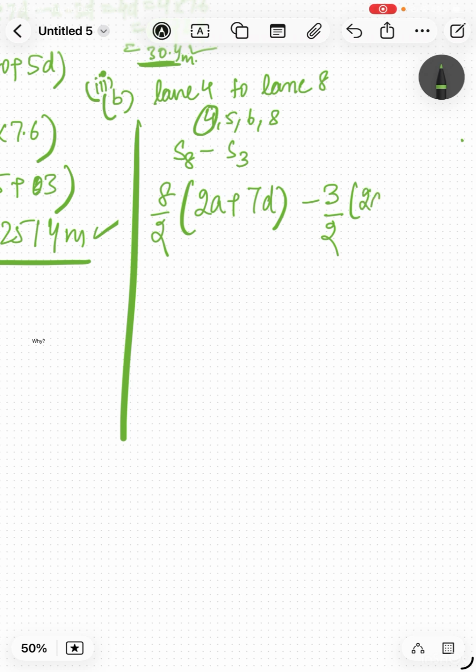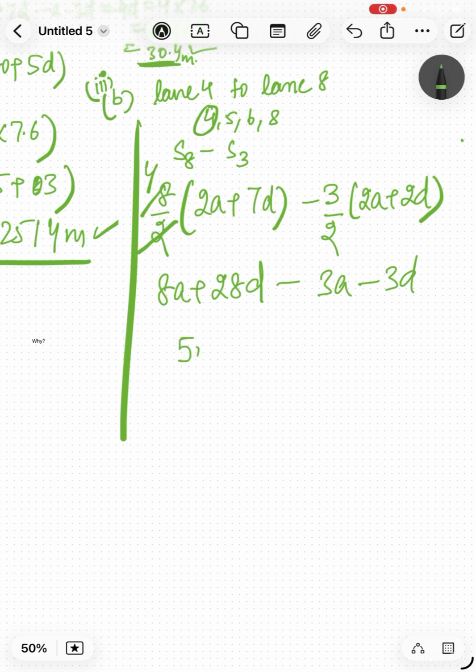2A plus 2D, this gets cancelled. 8A plus 28D minus 3A minus 3D, right? So 8A minus 3A is 5A and 28D minus 3D is 25D. So 5 into 400 plus 25 into 7.6.